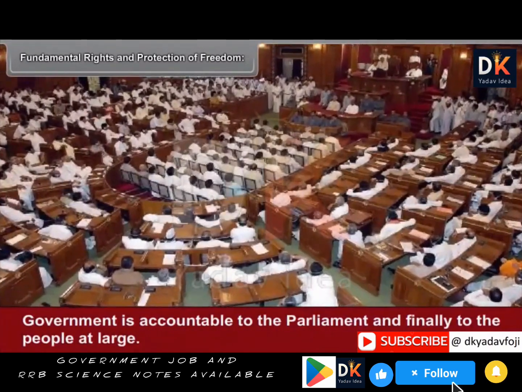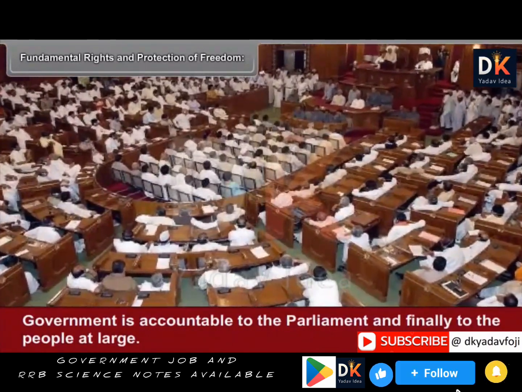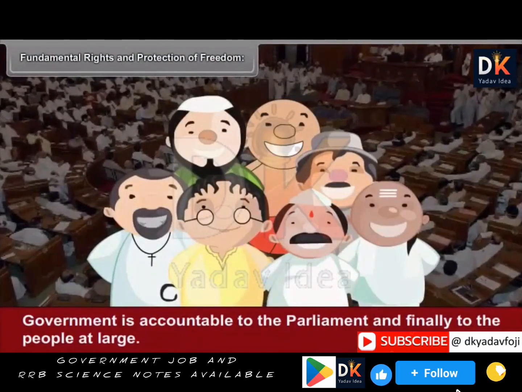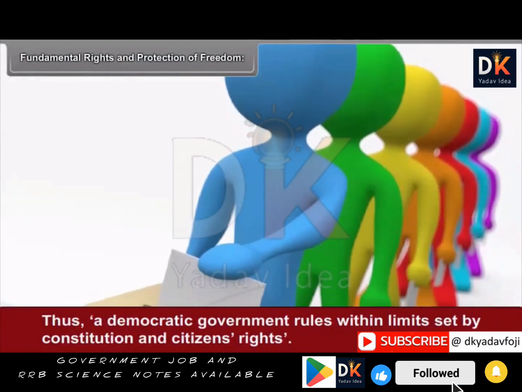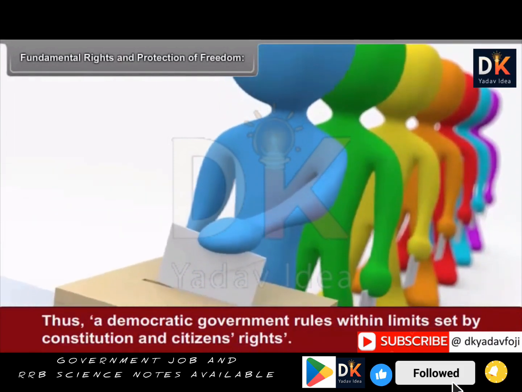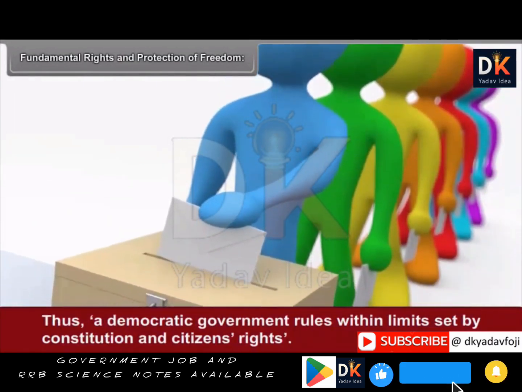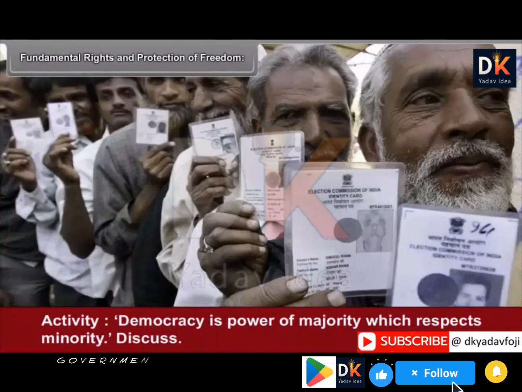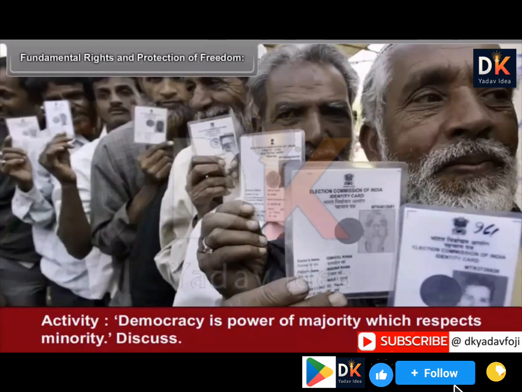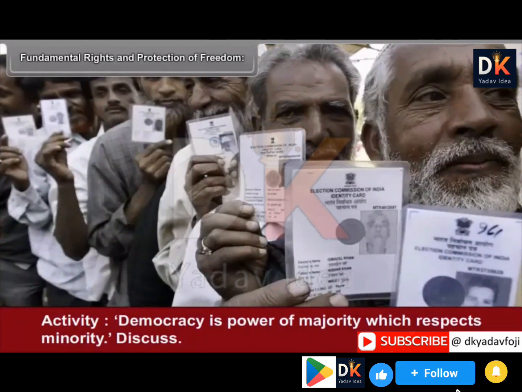Government is accountable to the Parliament and finally to the people at large. Thus, a democratic government rules within limits set by the Constitution and citizens' rights. Activity. Democracy is power of the majority which respects the minority. Discuss.